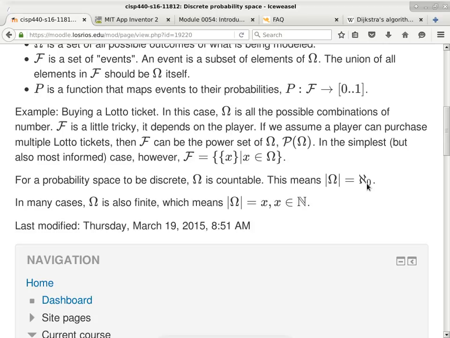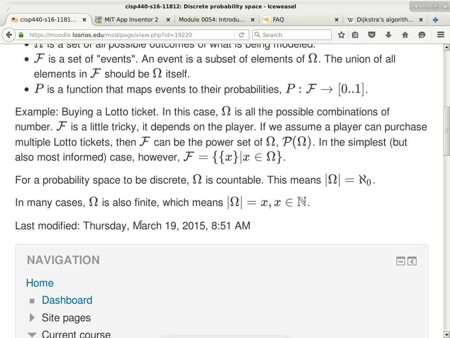But it didn't have the 0. Yeah, the 0 just indicates that it starts with 0. In many cases, omega is finite. I think it has to be finite to make sense. It doesn't have to be finite to make sense, because you can have an infinite number of elements having a probability of 0. So you can still make sense of an omega that is by itself infinite.